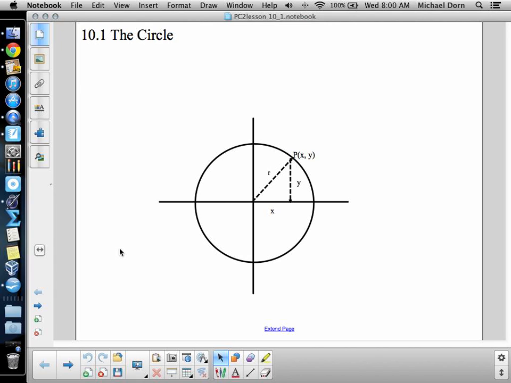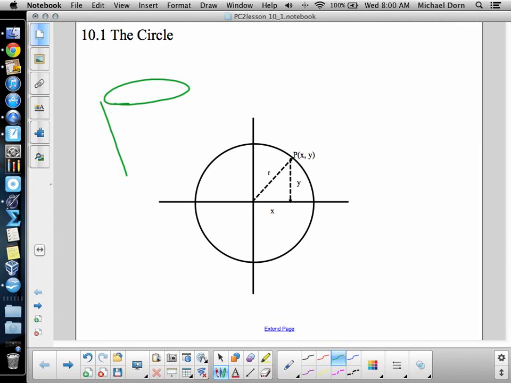Yeah, if you look at the idea of a conic section, as you recall, the idea here is you have a double cone.